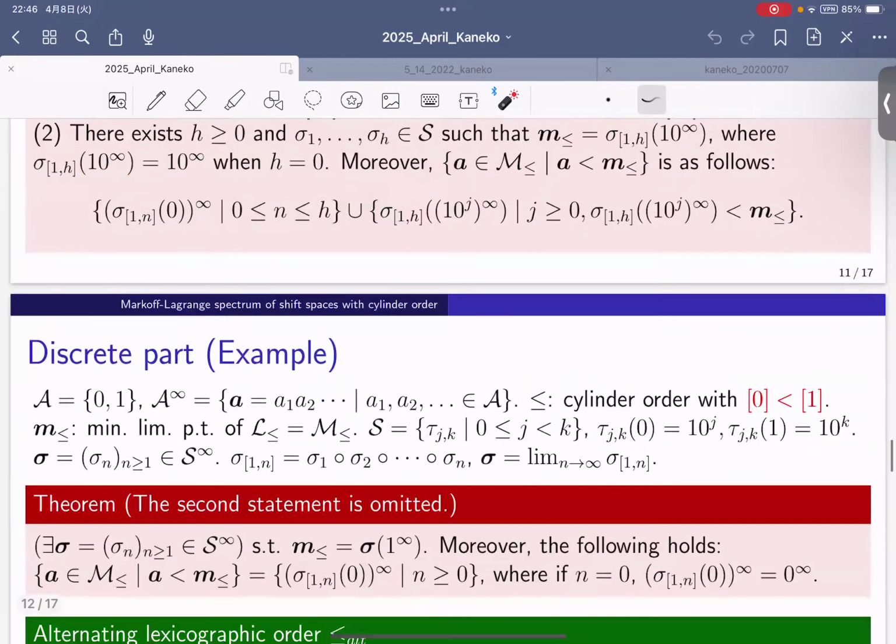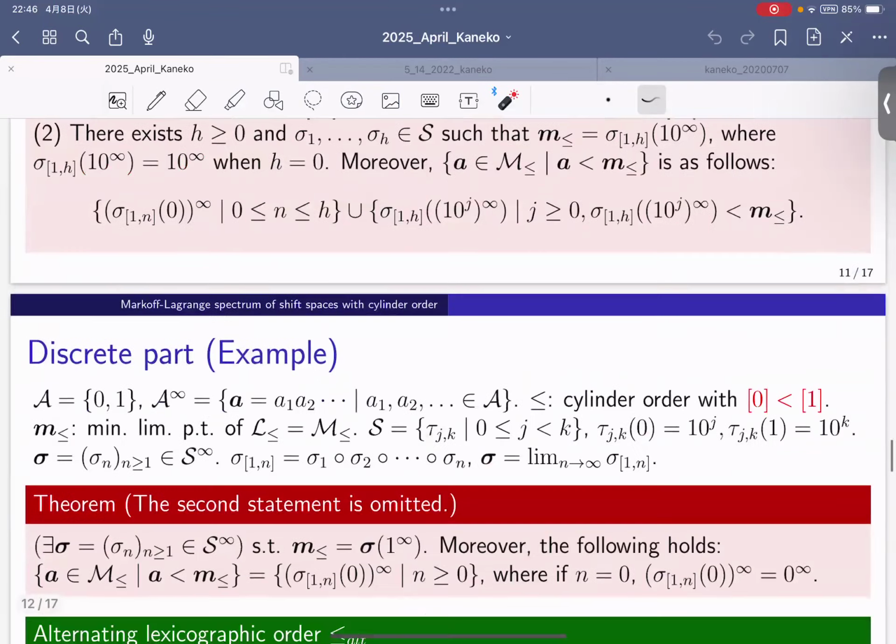So this is the minimal limit point of the Lagrange spectrum, and for simplicity we assume the following two inequalities. It's just for simplicity.